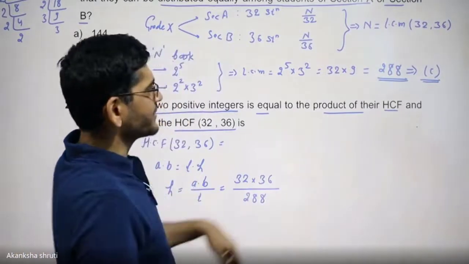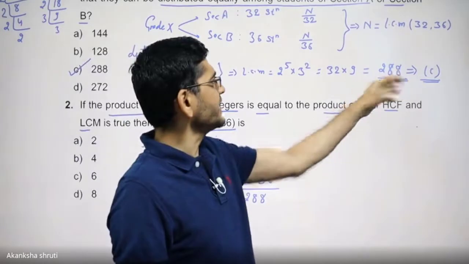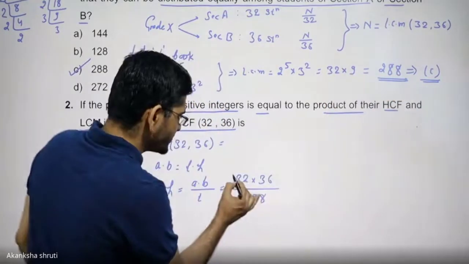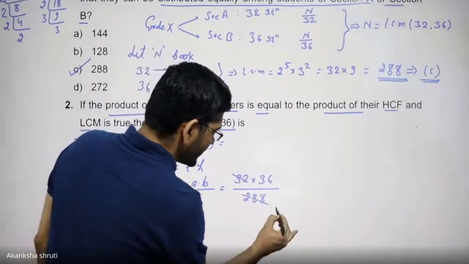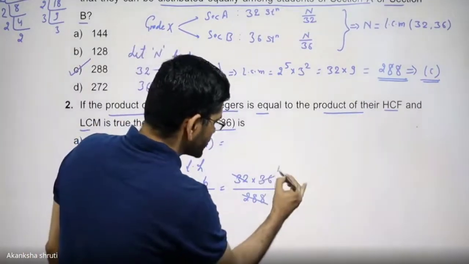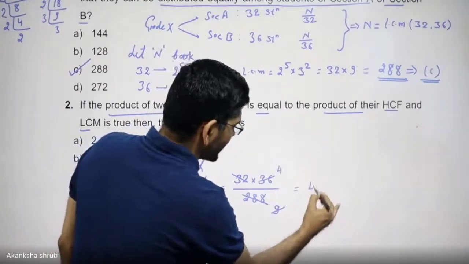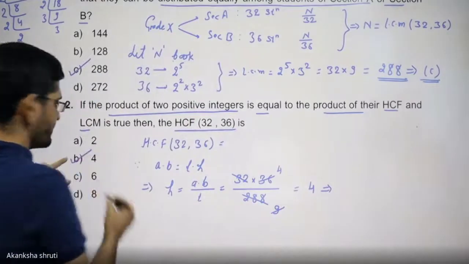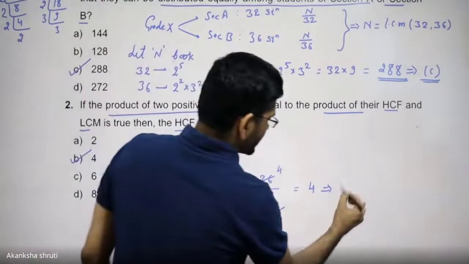Now, we have calculated that this 288 was the product of 32 into 9. Therefore, this 32 will go 9 times here. Then 9 fours are 36. So the HCF is 4. This implies option B is correct.